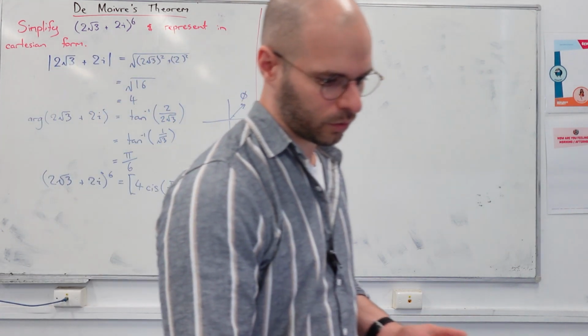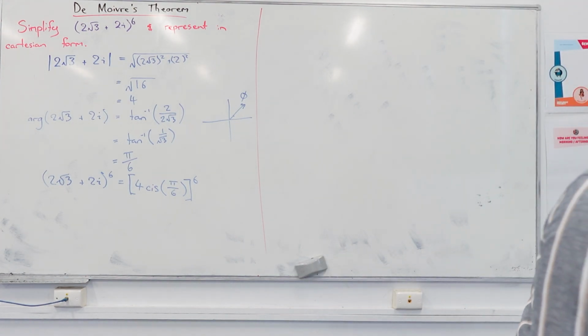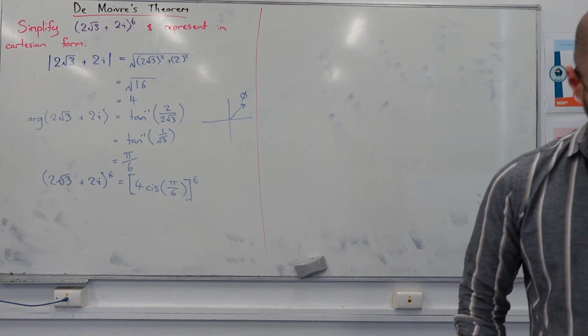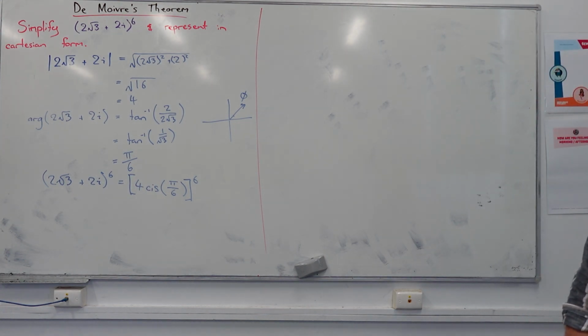And it's at this point where we're sort of stuck. We have to use this new theorem called de Moivre's theorem, or de Moivre's if you want to give it an Australian accent.